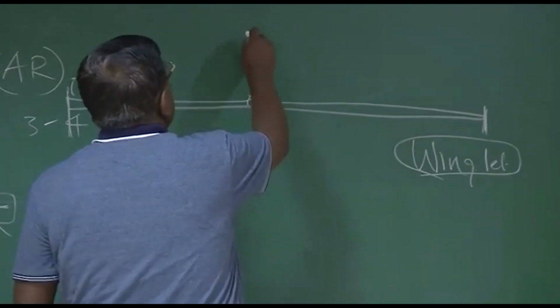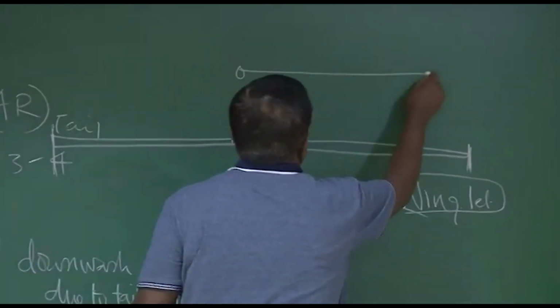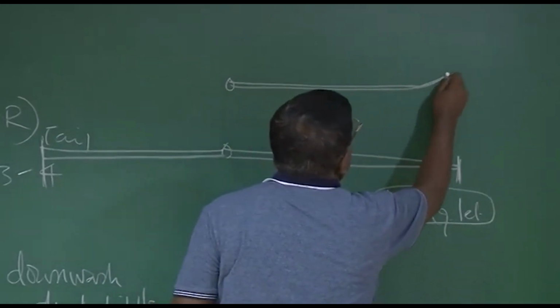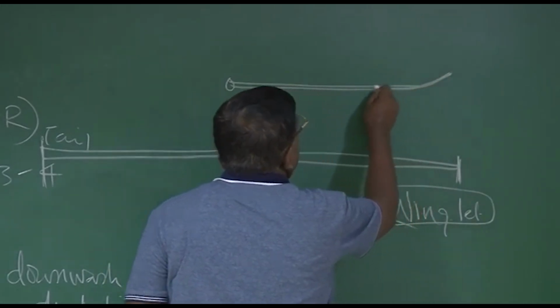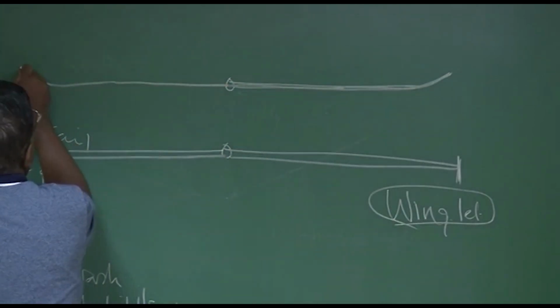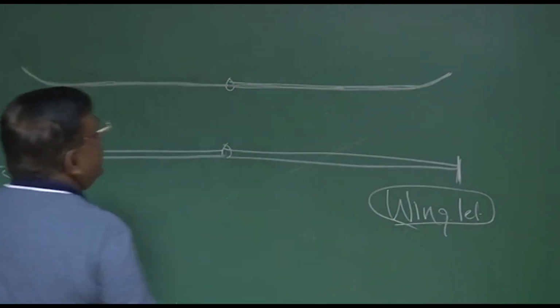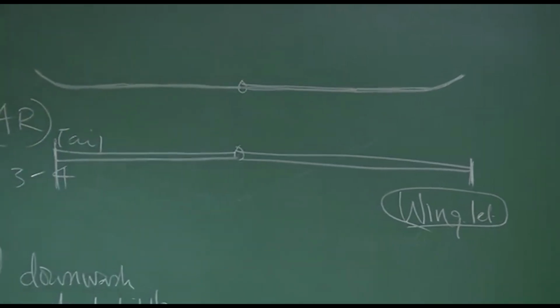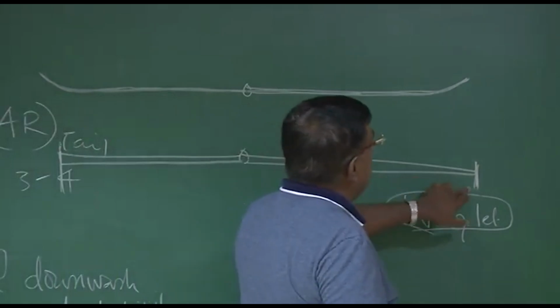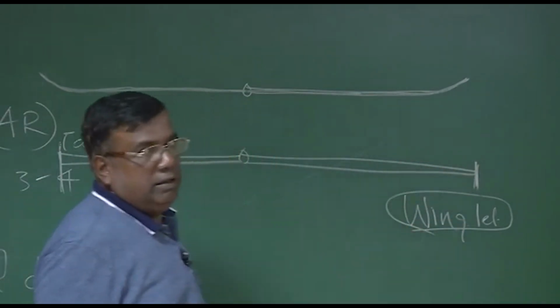There is another way of handling this situation you will find. If this is the wing, it will be raised like this, in continuity. Okay? This is also doing almost something like this, but in a very continuous manner.